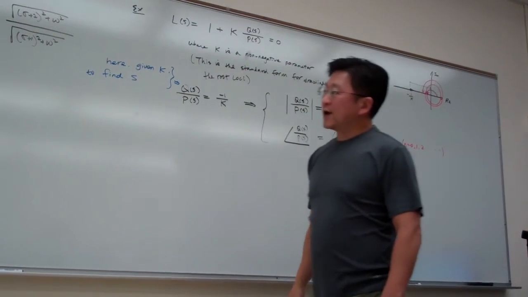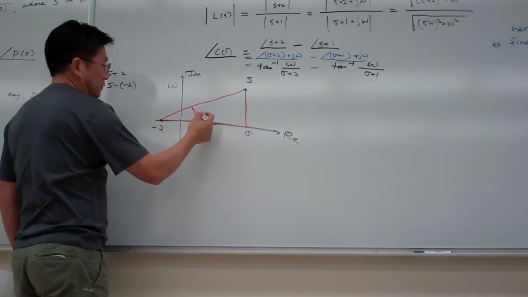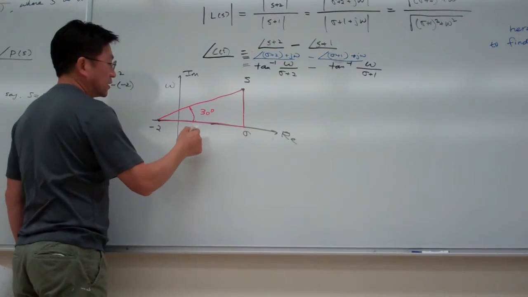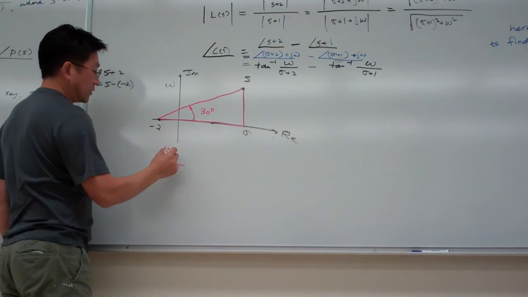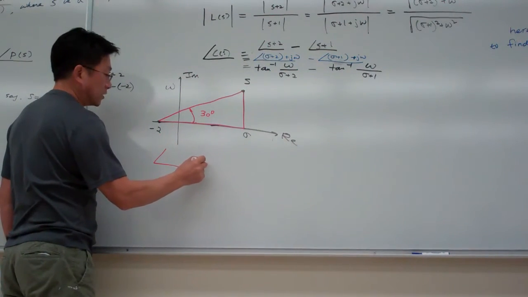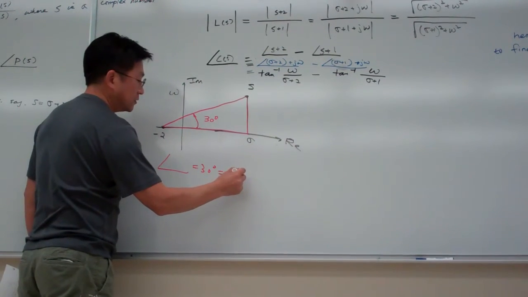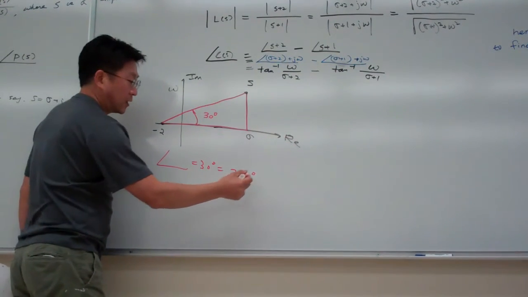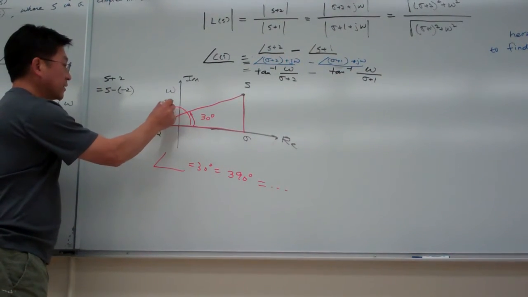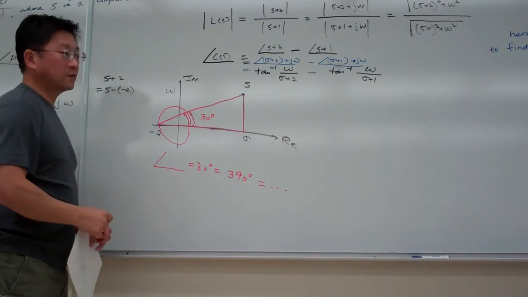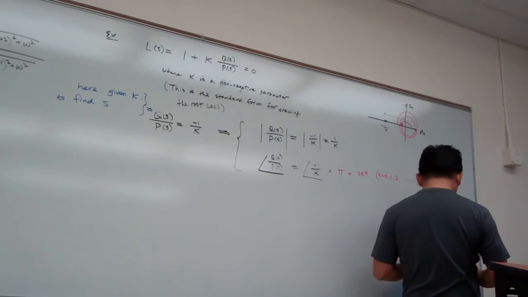And again, if you wish, you can say, for example, if this is 30 degrees, then the phase angle of this one is 30 degrees, and you can also say it is plus 2 pi, 390 degrees, etc. So basically they are the same modulo 2 pi.